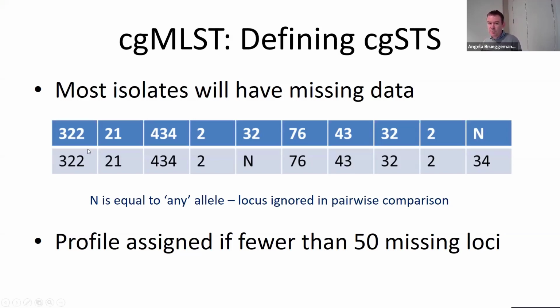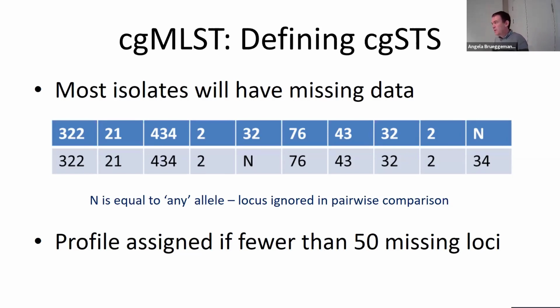In this case, this bottom profile has an N at this position, and this top profile has an N at this position, but as far as the comparison is concerned, these two profiles are the same. But there is a natural consequence of that: you can't have too much missing data, because if you do, then everything becomes the same.